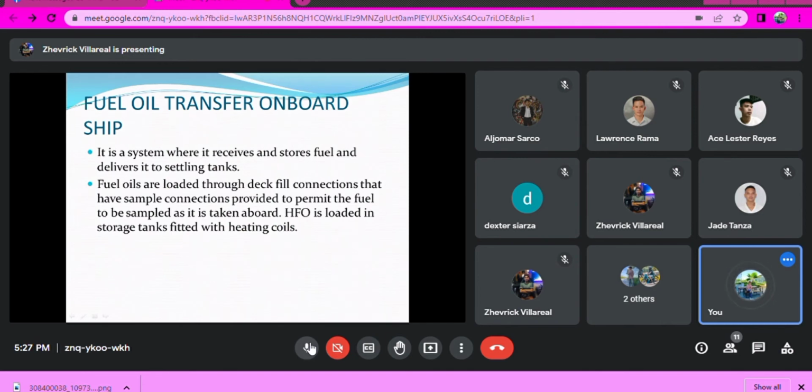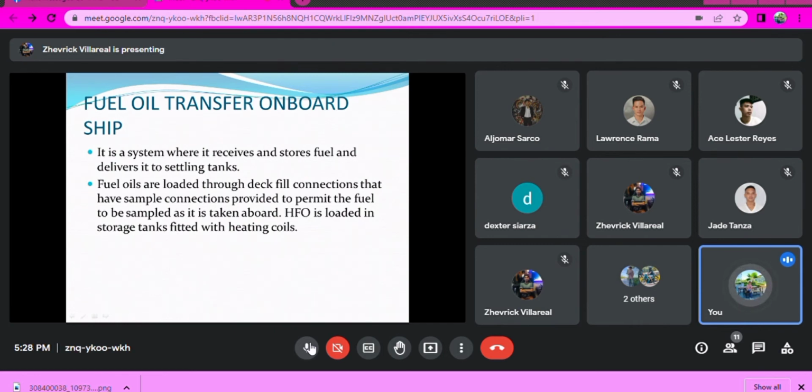Each fuel oil is loaded into a storage tank fitted with heating coils.